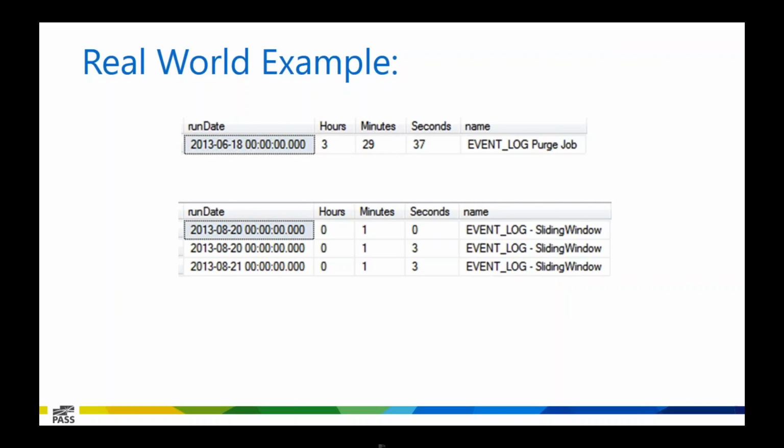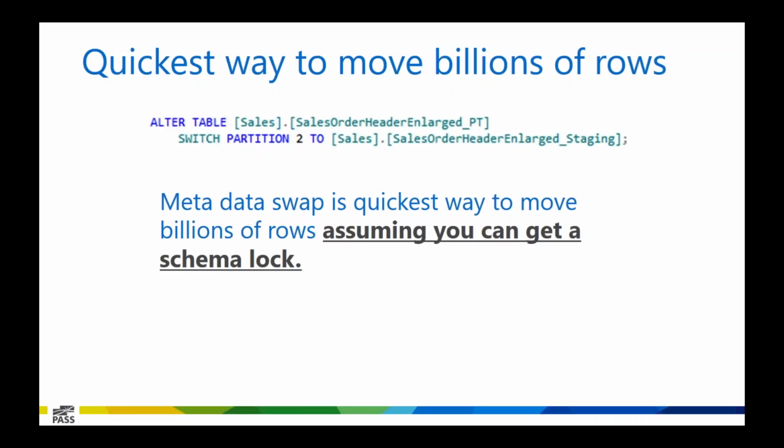The nice thing here is the quickest way to move billions of rows is what's known as a metadata swap. This is where you would alter your table and tell which partition would be swapped with a table. The partition has to be empty for you to do this. But this does what's known as a metadata swap. As long as both that partition and this table are in the same file group, the data never physically has to be moved.